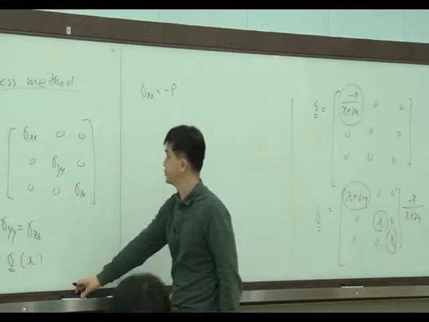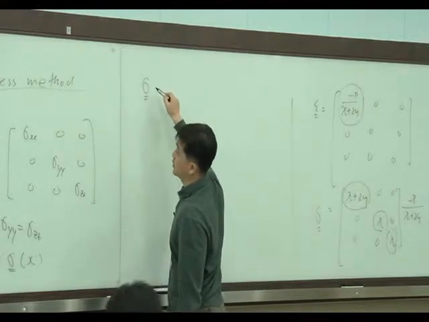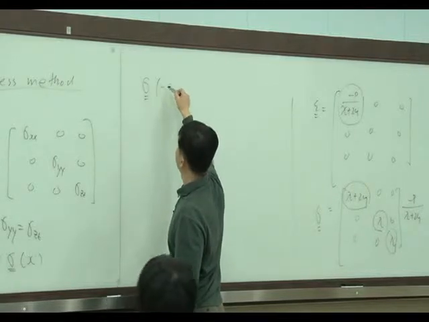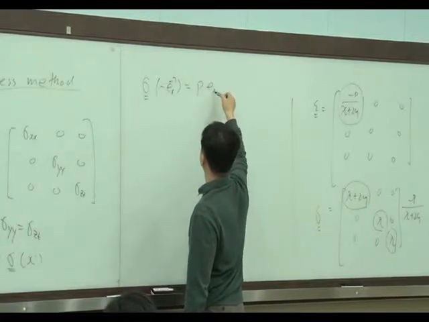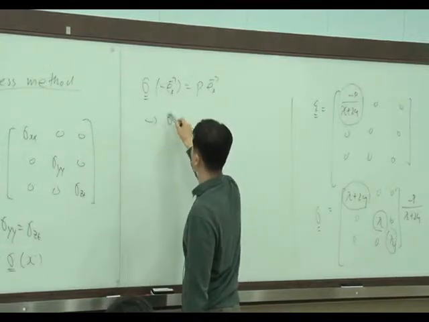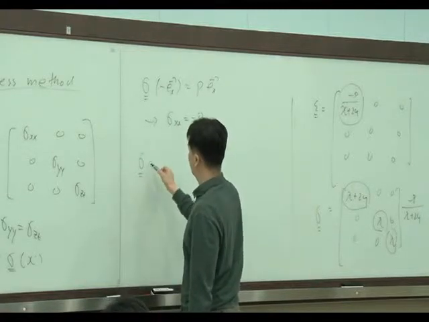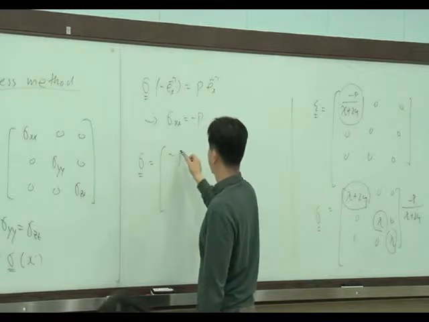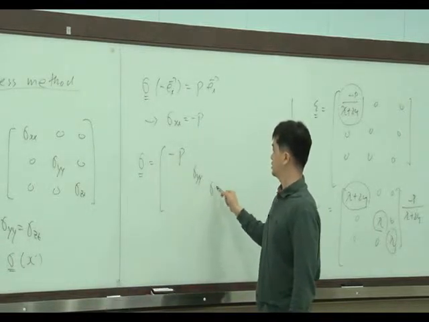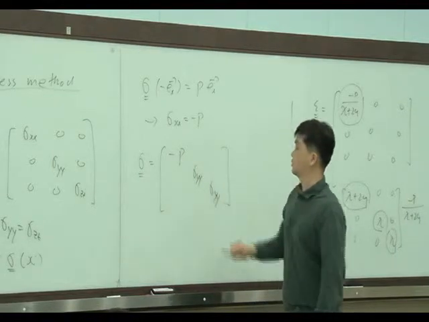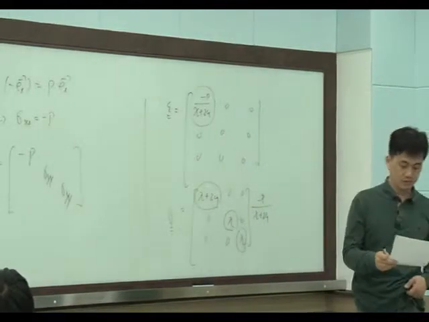And the statically admissible field will give us stress XX equals minus P if you apply the boundary condition. So stress minus e_x equals P e_x will give us stress XX is minus P. So finally, the stress tensor looks like this: sigma XX, stress YY, and stress ZZ is the same as stress YY.